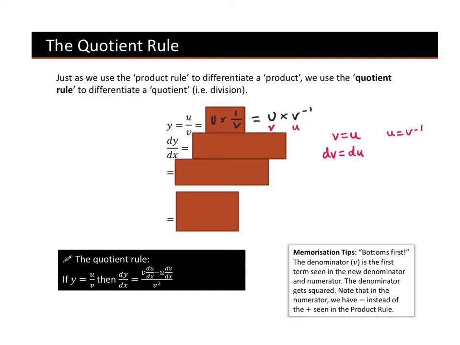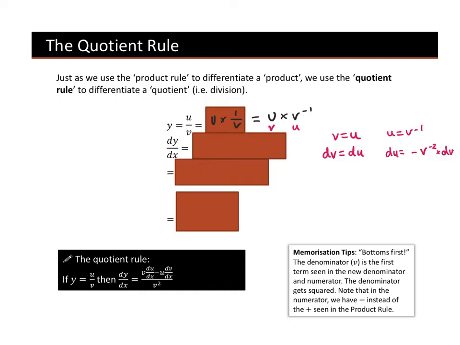So the differential of this, because there could be a function, is du equals minus v to the minus 2 multiplied by the differential of the bracket, so it's the differential of v.